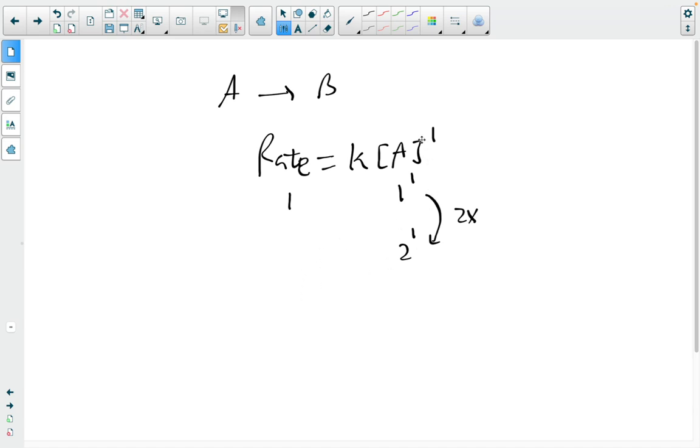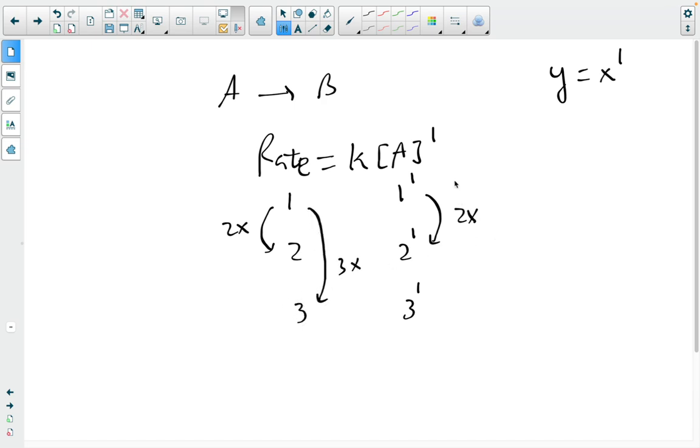And you'll see here that if I were to just simply plug it in here, because of that 1 here, we have basically a situation in math where it's y equals x to the 1. I left the constant out. You will see that my rate will also double. And obviously if I were to triple the concentration of this, again, 3 to the power of 1, you will see that my rate would also triple.